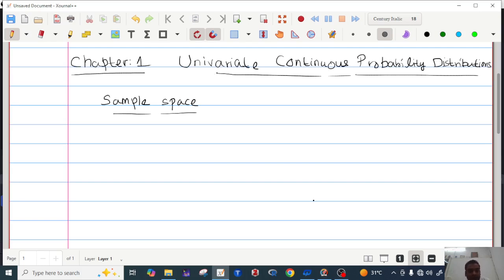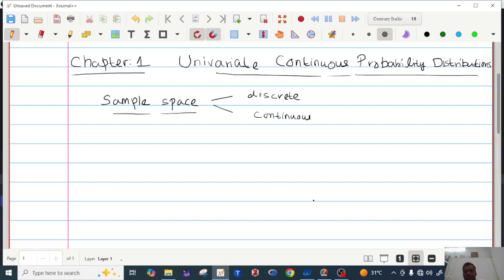On the basis of the number of elements, there are two types of sample space: one is discrete and another is continuous.